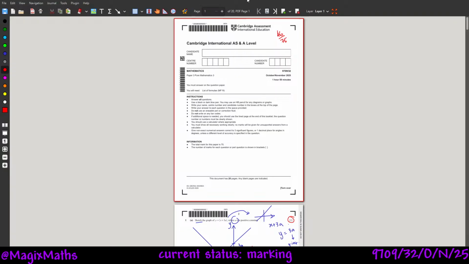75. So that's that. But according to the grade thresholds, looking at the grade thresholds, component 32, we needed a 45 for A. Yep.